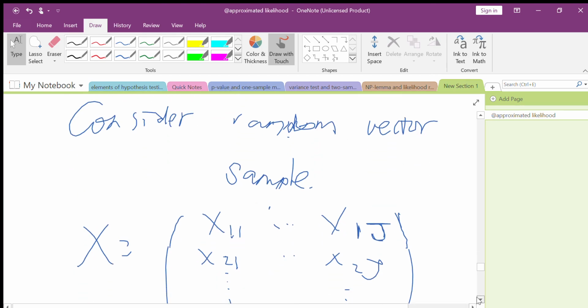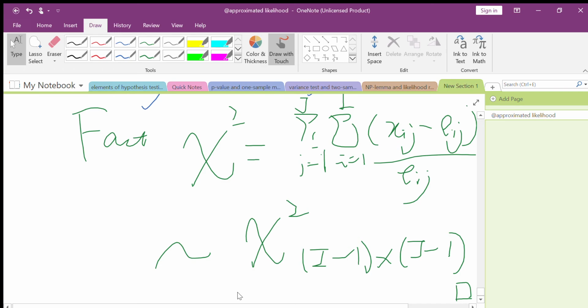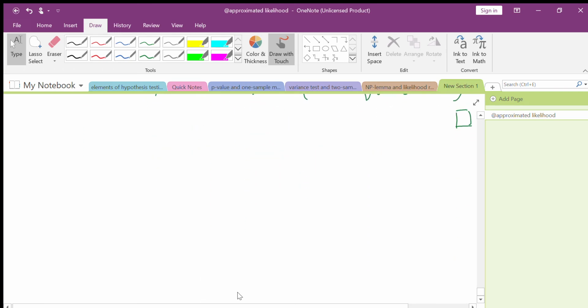So let's see the third application of the chi-square test. The last application of the chi-square test is the homogeneity test.